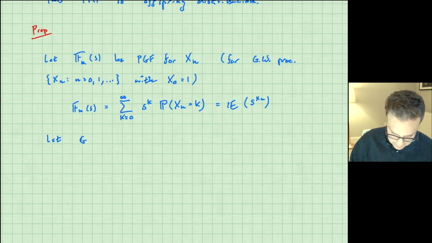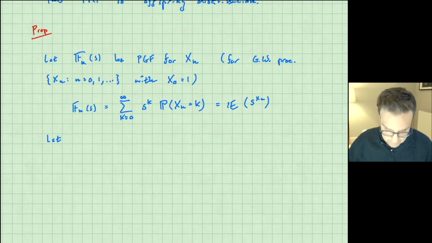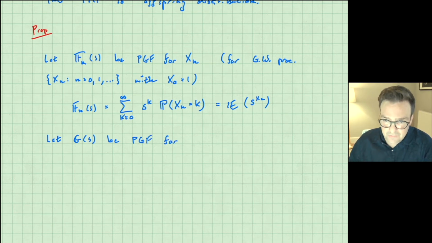So f has an index for time because it varies with each time, but the z's, and this one's going to be a probability generating function for the z quantities, these are governed by the same probability mass function, so they're going to have the same probability generating function, g of s, the probability generating function for any of the z's, for the offspring distribution.